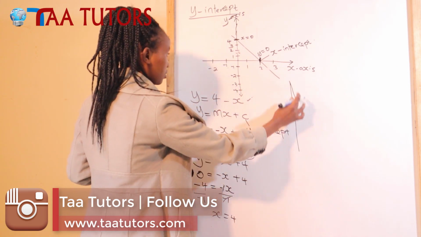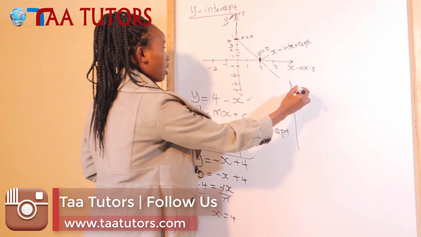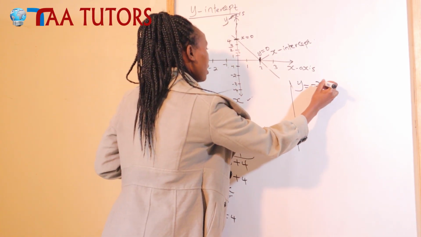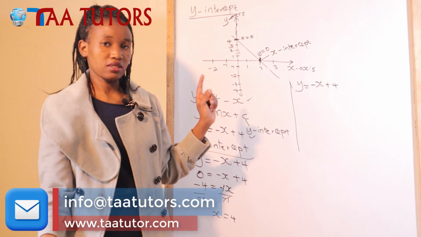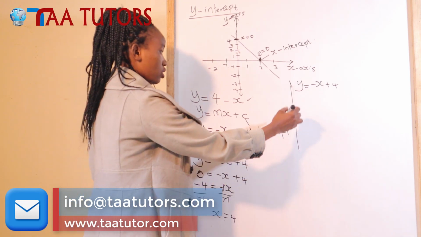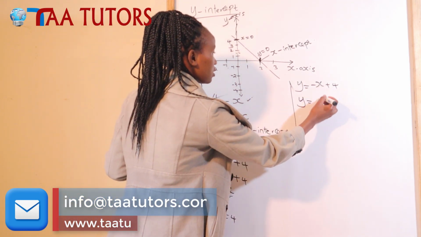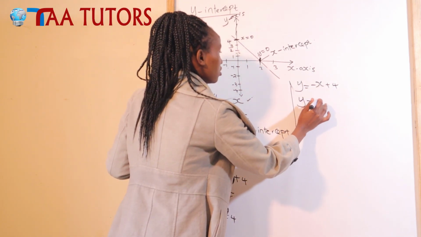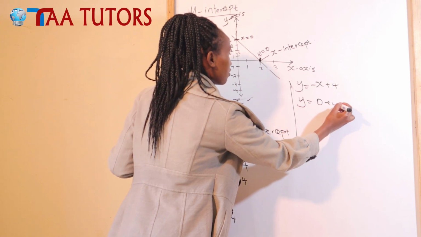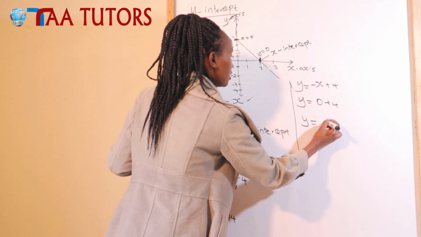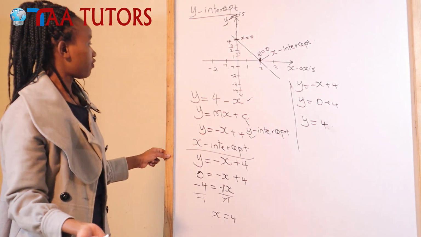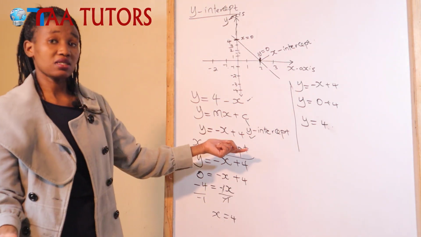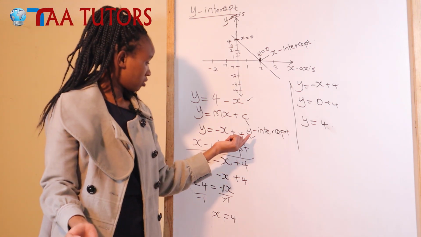Our equation is y equals negative x plus 4. Where there is x, we put 0. So this will be 0 plus 4. So our y-intercept is 4. That is another way of finding the y-intercept apart from reading directly from the equation of a straight line.